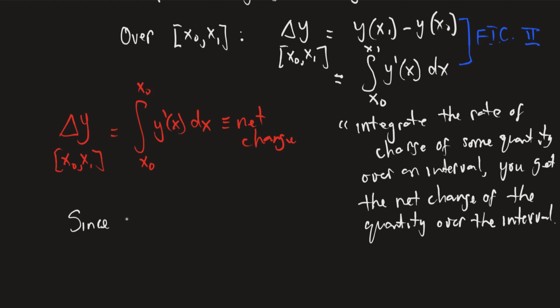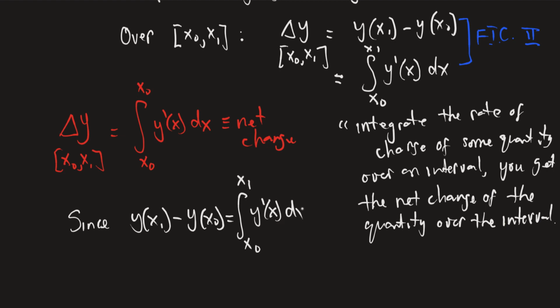Since y of x1 minus y of x0 is equal to this integral, y prime of x dx, this is the net change, which is also like this.